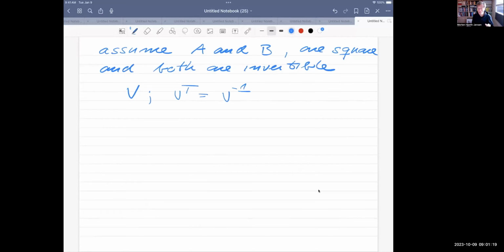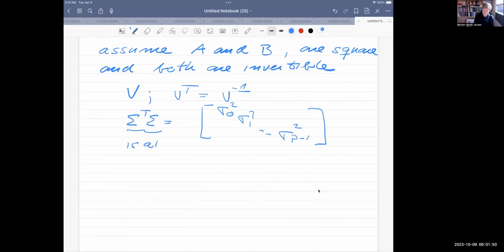So the matrix V, by construction through the singular value decomposition, is an invertible matrix. Now, the other thing which we have is that sigma transpose times sigma contains only the singular values, which are all non-zero, and these are diagonal numbers. So what we have are diagonal matrices, and so sigma transpose sigma is also invertible. And it is a square matrix because it has dimensionality p times p.